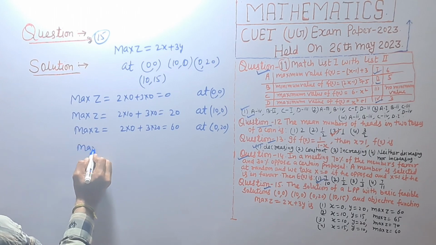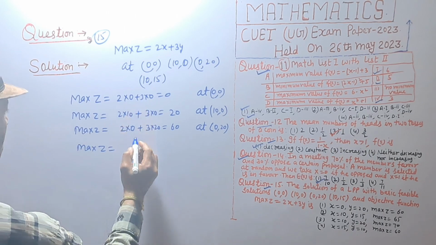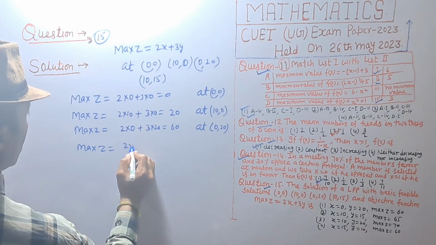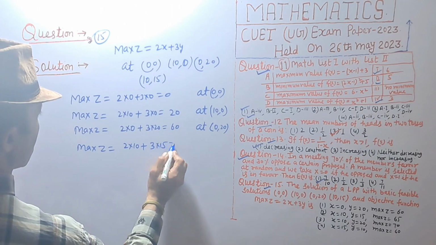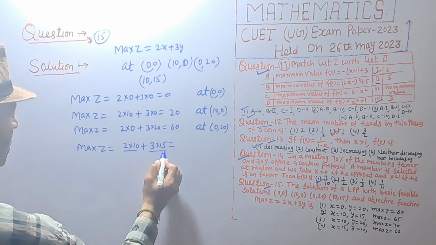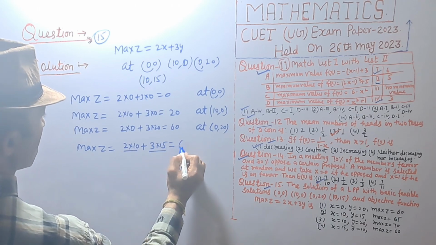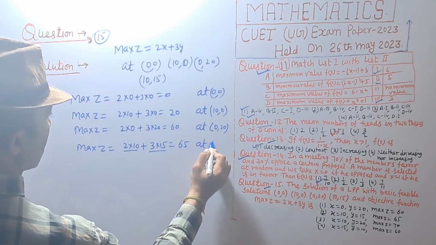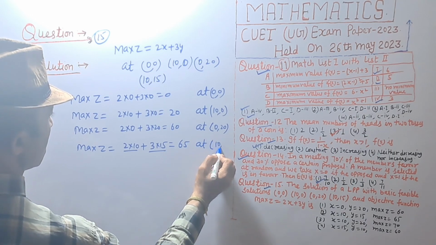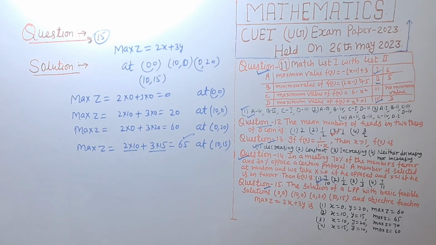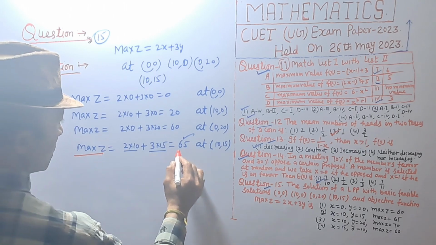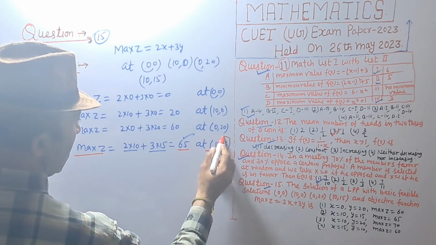And z is equal to 2 into 10 plus 3 into 15, that is 20 plus 45, 65 at x is equal to 10 and y is 15. Its maximum value. So maximize z is equal to 65 at point (10, 15).